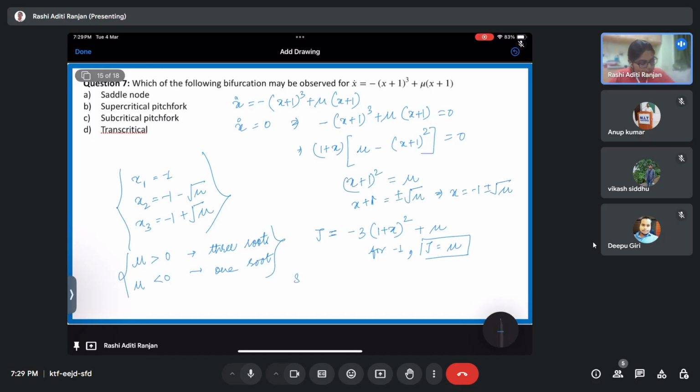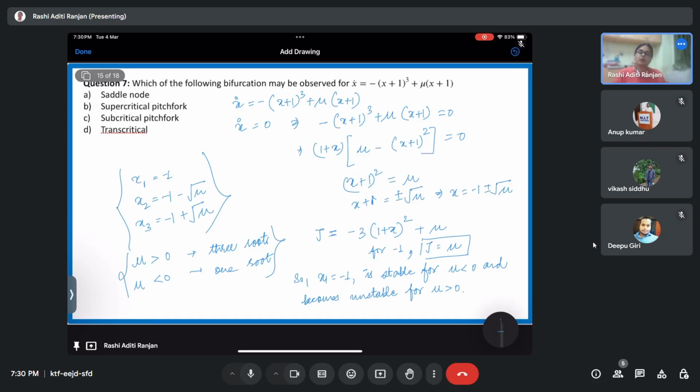So x1, which is −1, is stable for mu less than 0 and becomes unstable for mu greater than 0. Correct? I hope this is clear.